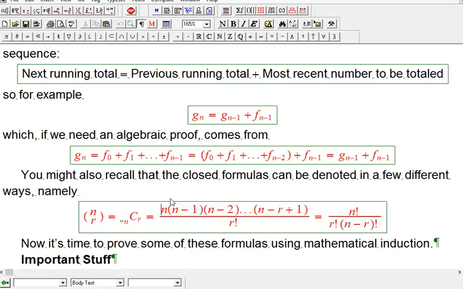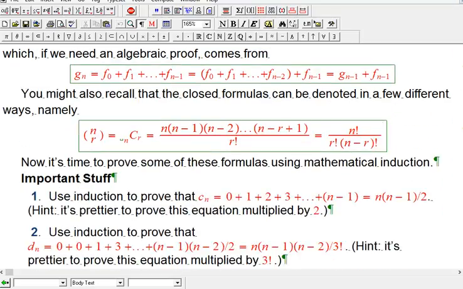This is the one we guessed: multiply a bunch of consecutive numbers starting at n going down, divided by r factorial, which is nothing more than a shorthand for a bunch of consecutive numbers starting at 1 and going up. Often you see it expressed purely in terms of factorials, but I'm going to totally de-emphasize that because a lot of the time that's kind of misleading. It's not wrong, but it's misleading in terms of people thinking it's the be-all and end-all of binomial coefficients.